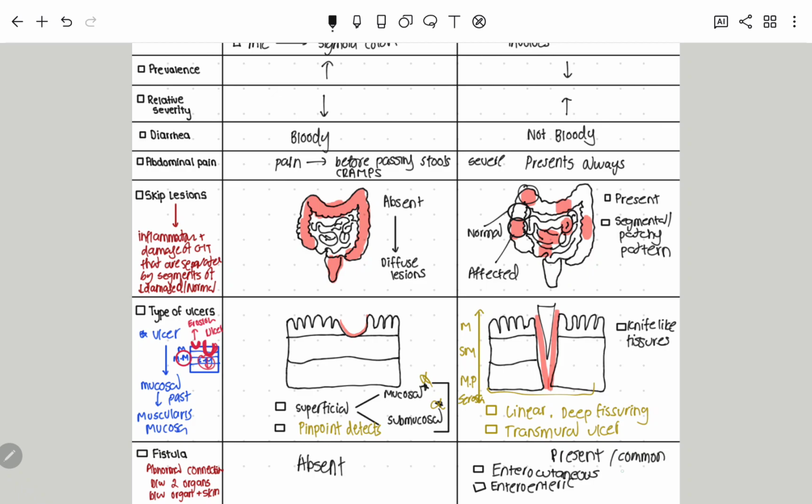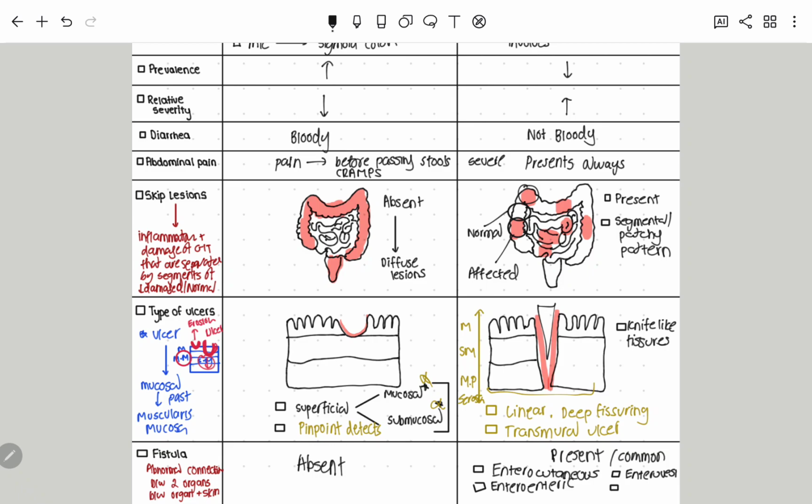And then other types that you can see are enterovesical, which means that you have a fistula that is formed between the intestine and the bladder, leading to the passage of stool or gas into the urinary system.